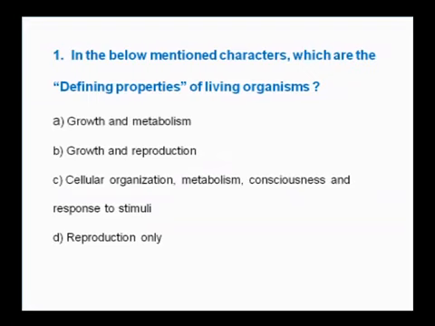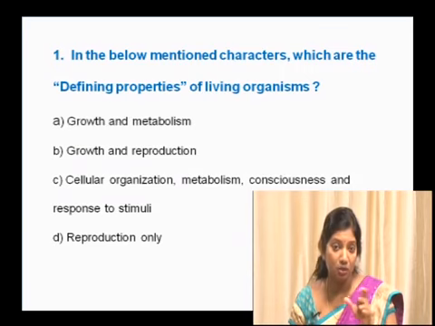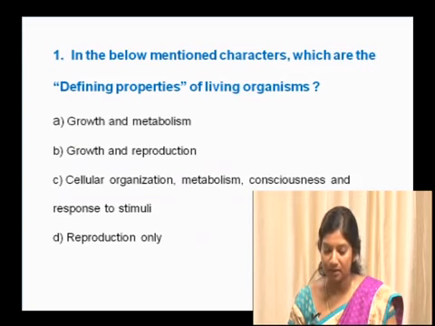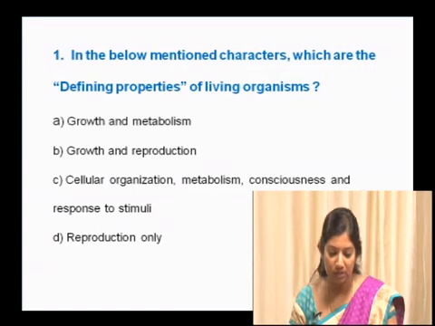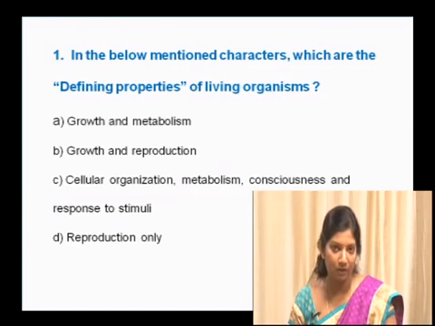As I told you in the beginning, growth and metabolism is important, growth and reproduction is also important, but these two are combinations of characters which are not the all-inclusive defining features of living organisms. Cellular organization, metabolism, consciousness and response to stimuli has the maximum number of important characteristic features of living organisms. The last one, reproduction only, is also a wrong option.